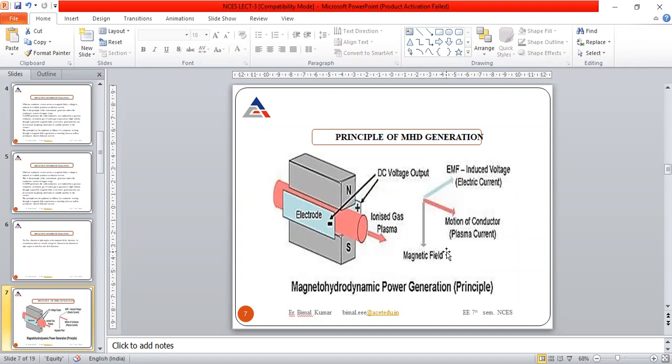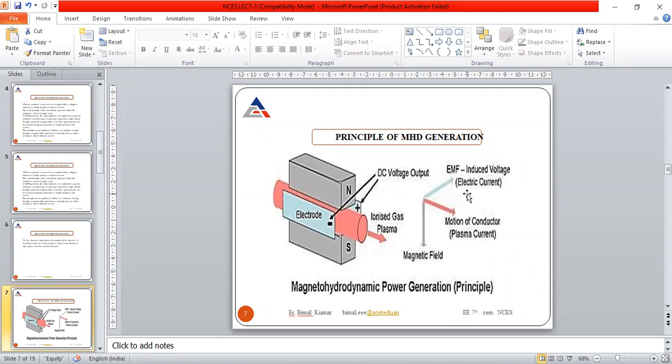Now again, we had already discussed that in this case, these three quantities, that means the magnetic field, motion of the conductor, and EMF induced, are at 90 degrees to each other, right? Magnetic field, motion of the conductor or plasma current, and EMF induced. These three will be placed at 90 degrees across each other.